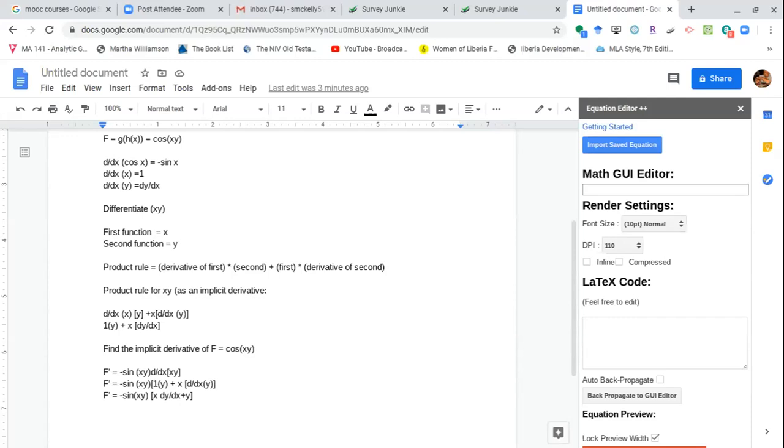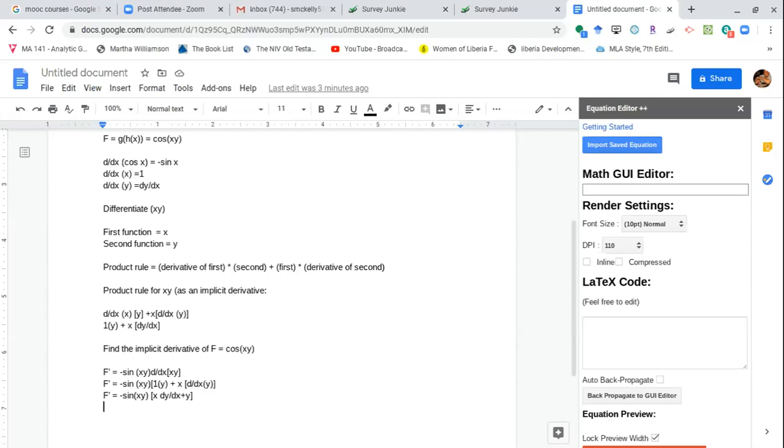So I'm going to have negative y sine of xy is equal to cosine of y dy dx plus sine of xy times x dy dx.